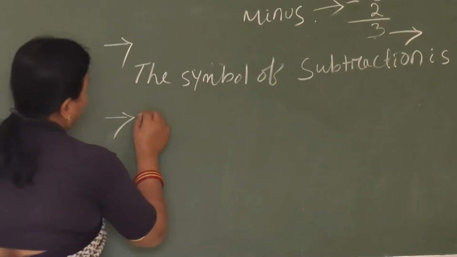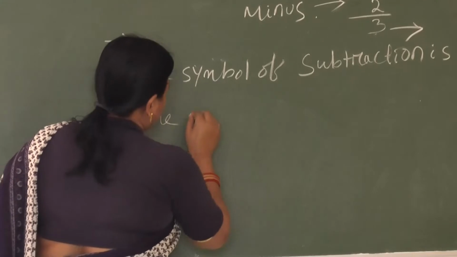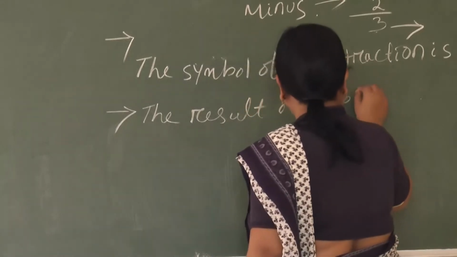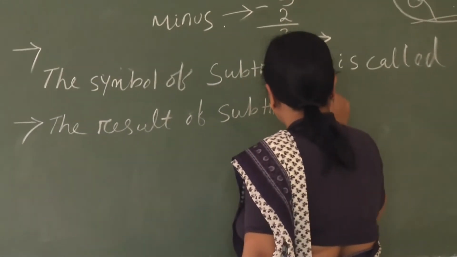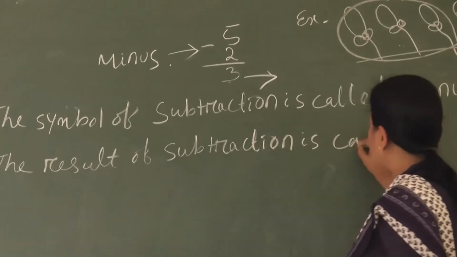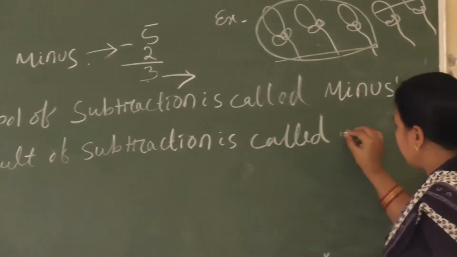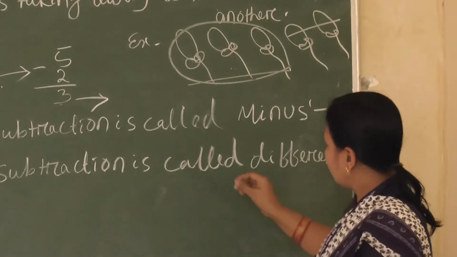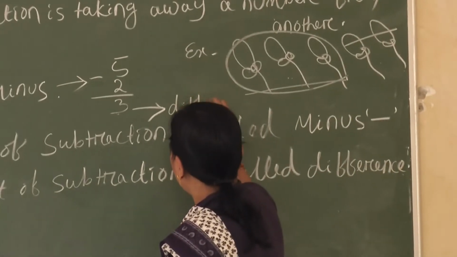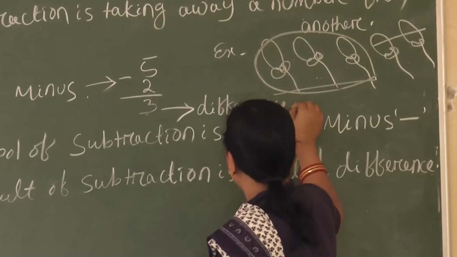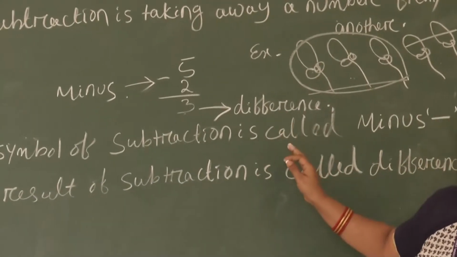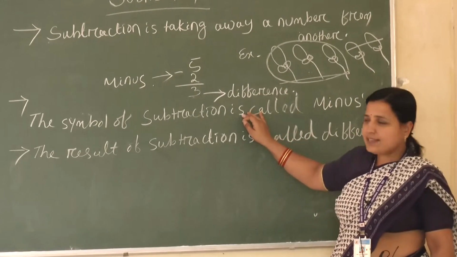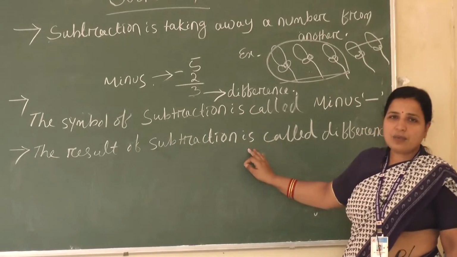The result of subtraction is called difference. So you now know 3 things about subtraction: what is subtraction, what is the symbol of subtraction, and what is the result of a subtraction.